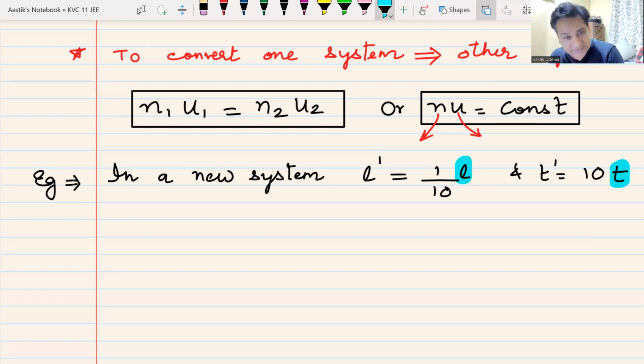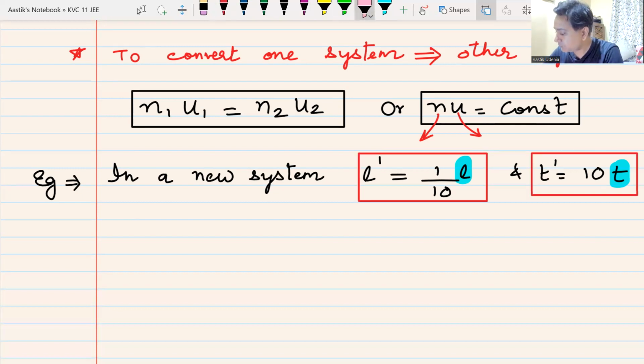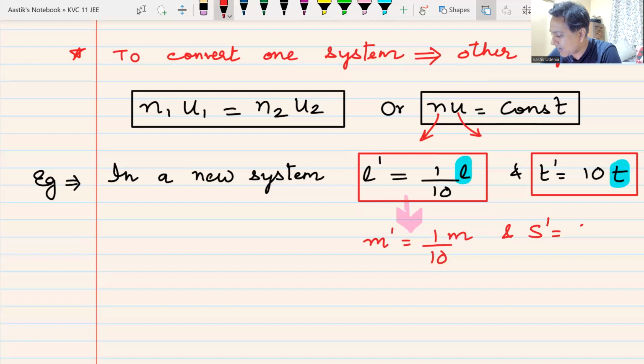I can put this question in this way, or instead of giving you in terms of length and time, I can say that the new meter m dash is 1 by 10 times of m, and the new second s dash is 10 times of the original second. Do you understand? Both of them mean the same, yes or no?